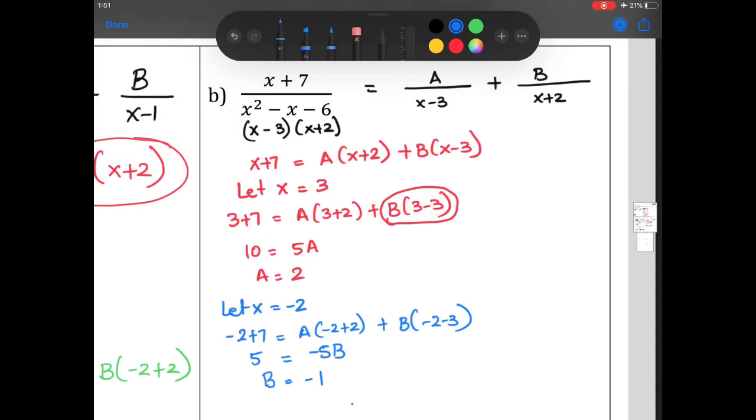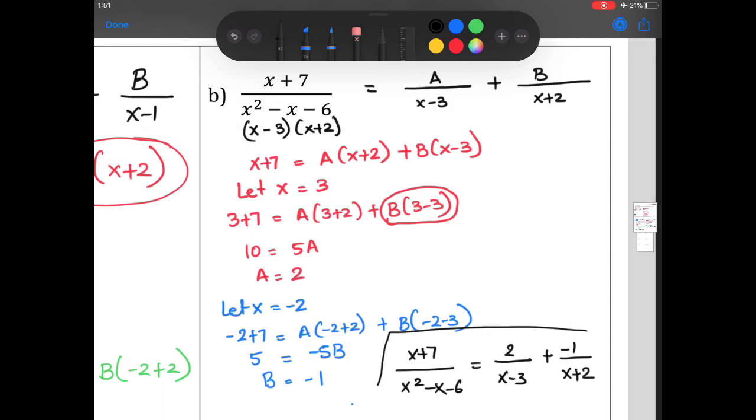So I got my a and b, and my final answer will be x plus 7 over x squared minus x minus 6 is equal to, I found my a to be 2 over x minus 3 plus negative 1 over x plus 2.